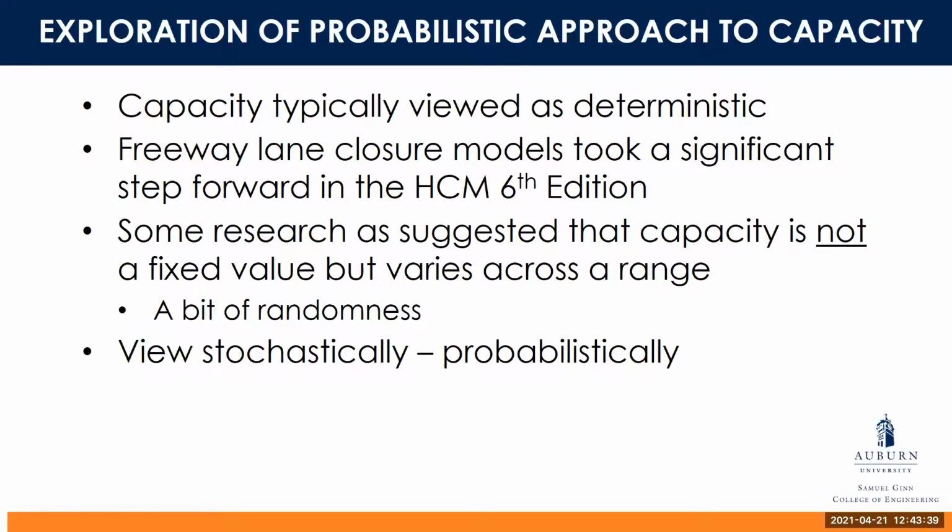So that further supported the notion that we need to explore looking at capacity as occurring across a range and ultimately as demand goes up, an increasing probability rather than just going from 0 to 100, but across a range, an increasing probability that a breakdown will actually occur.